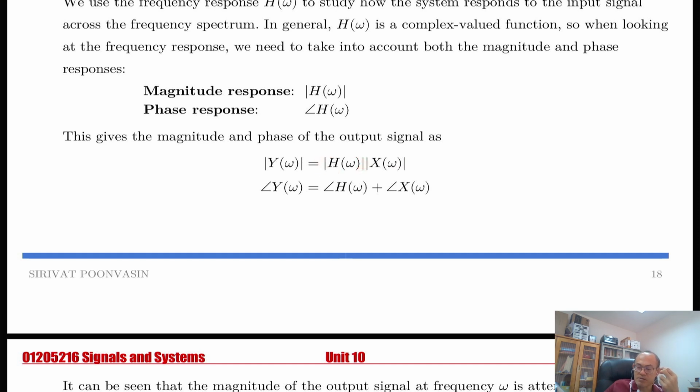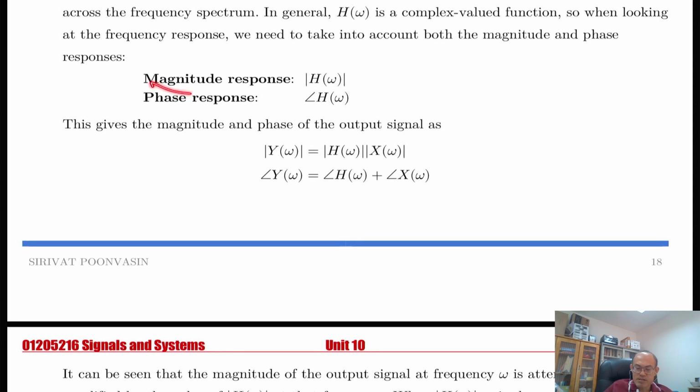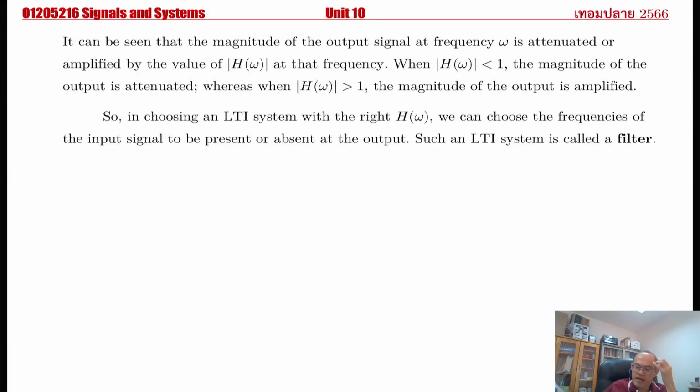But if at some frequencies this is very large, then the system will amplify the components of the input at those frequencies. So depending on the value of the magnitude response at the frequencies that we're interested in, the system will either amplify or attenuate the magnitude of the input at those frequencies. That's why we call it the magnitude response of the system.